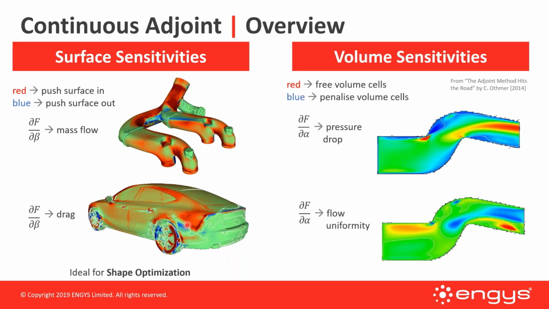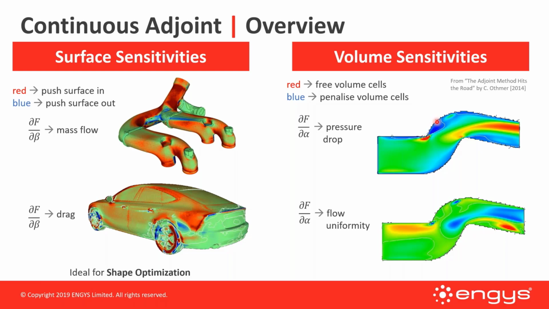What about volume sensitivities? Well, volume sensitivities tell us information about where we need to free up a volume or where we need to block off a volume. So for example, if we've got pressure drop, say this is the inlet and this is the outlet, here you might suspect that there would be rotational flow.